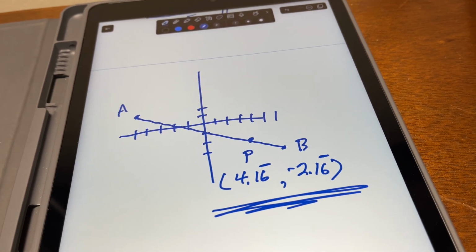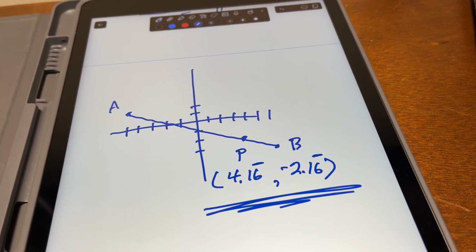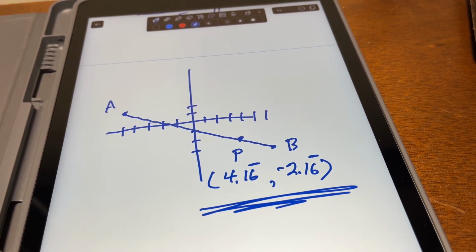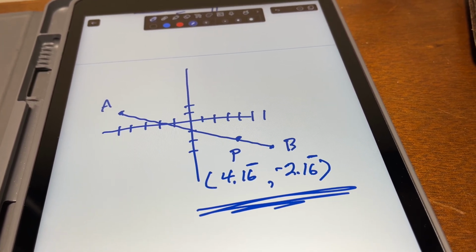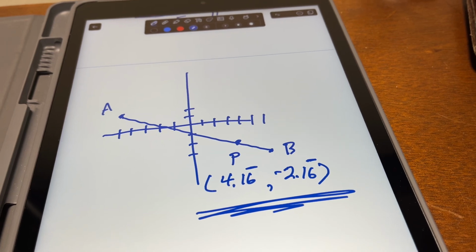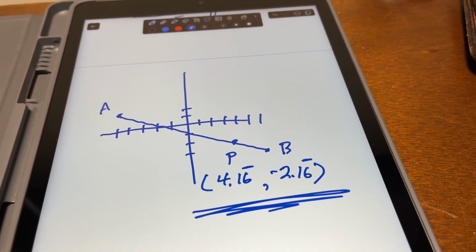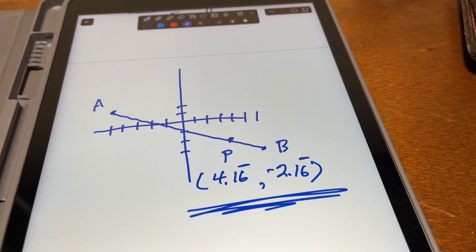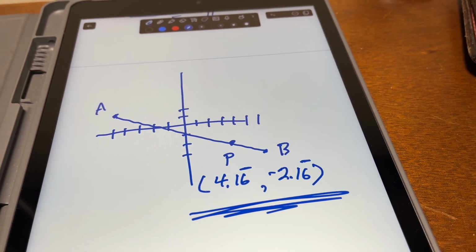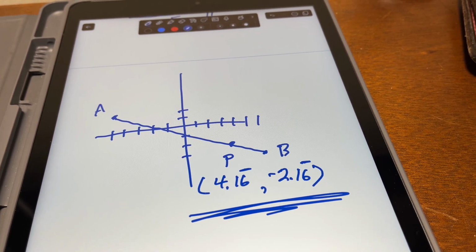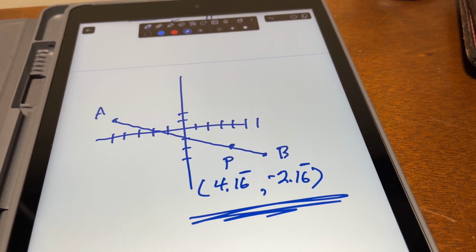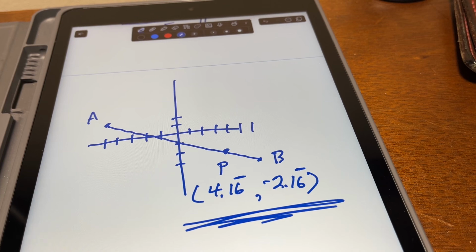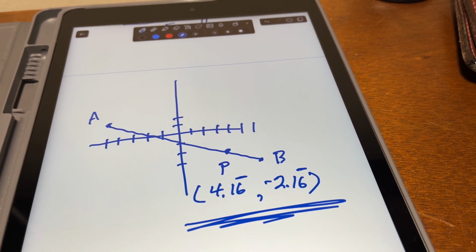Now the ones I've seen in geometry textbooks use decimals, but if they didn't use decimals, we would just leave it in fraction form. But the ones I have seen have decimal answers, so I think that's going to be just fine. I kind of like decimals in an application problem anyway, because I think 4.16 makes a whole lot more sense than some fraction that I might not know exactly where it is.